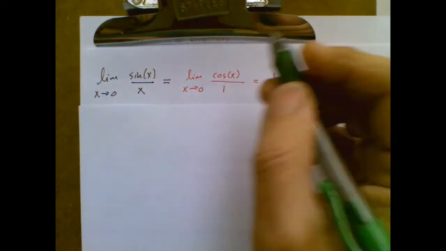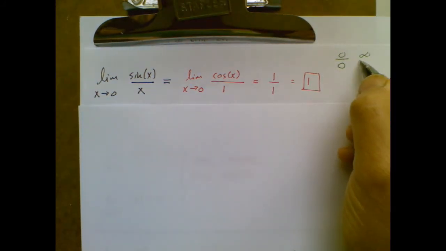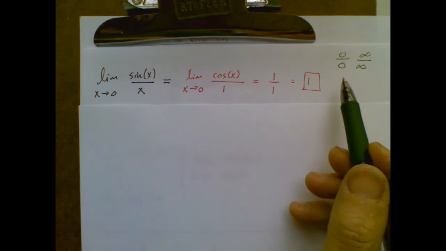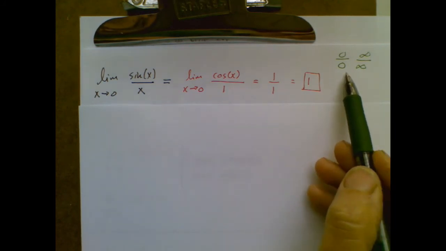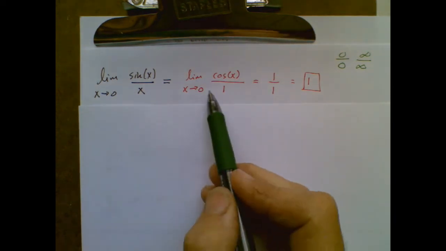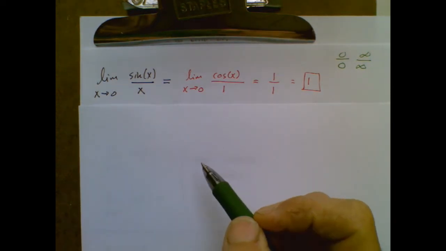Or, if we plugged in and happened to get an infinity over an infinity, Johnny L'Hopital also allows us to use his rule. By the way, his name is really not Johnny L'Hopital. I don't know what his first name is, but his last name is L'Hopital. Sometimes they pronounce it La Hospital or something like that, but he's not around, so he's not going to be offended. So let's just call him Johnny L'Hopital. These are the conditions that must exist from the plug-in for you to use Johnny L'Hopital's rule.